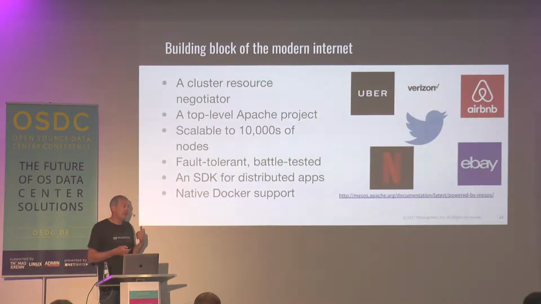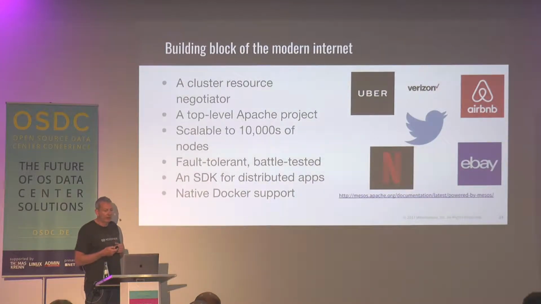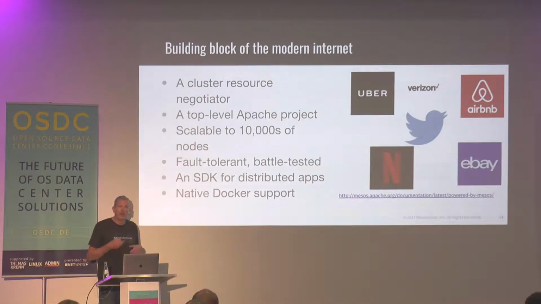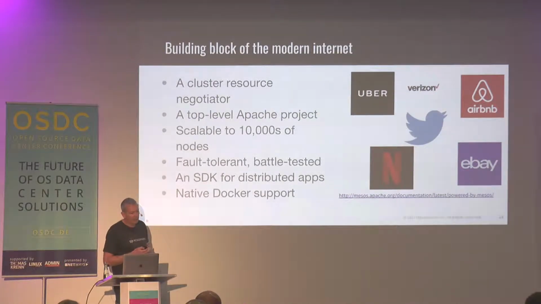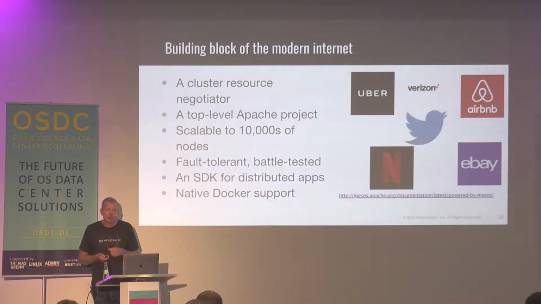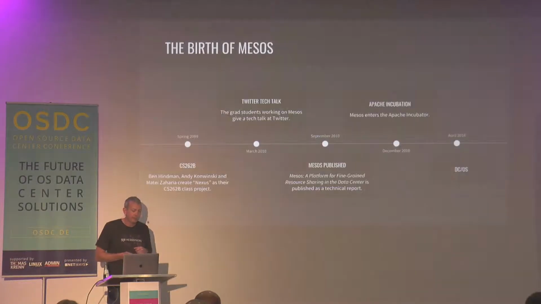Mesos is massively scalable and battle-hardened in production to multiple tens of thousands of nodes. And it's in production at some of the world's biggest internet services. So if you've used Twitter, if you've used Netflix, if you've used Yelp, then at some point your interaction with those services has passed through Mesos.